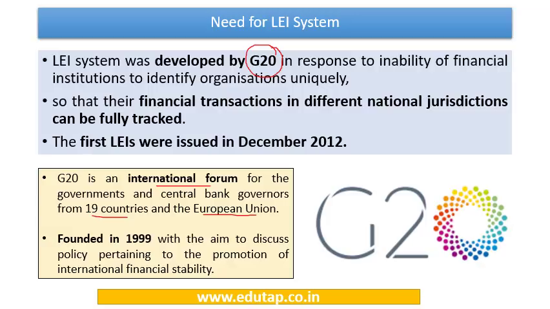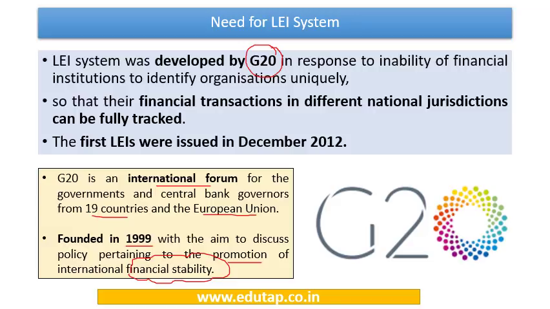It was founded in 1999, and the aim was to discuss policies pertaining to the promotion of international financial stability. So the central bank governors and the finance ministers meet regularly, and they discuss how to promote financial stability at the international level. So there are regular interactions, and the purpose is basically to improve the global economy.